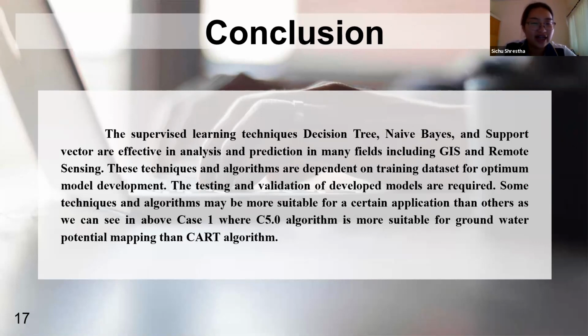Testing and validation of the developed model are required. Some techniques and algorithms may be more suitable for a certain application than others, as we can see in case 1, where the C5.0 algorithm is more suitable for groundwater potential mapping than the CART algorithm.